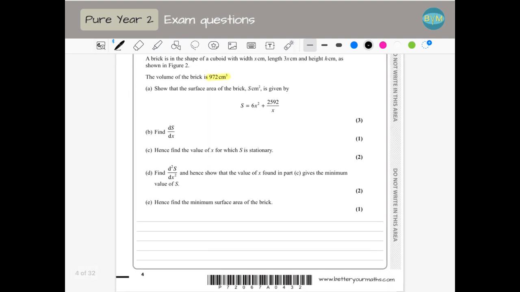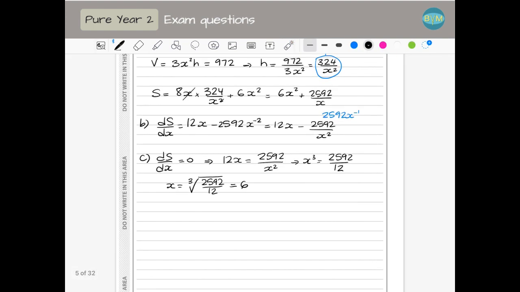Then for part D, we have to find the second derivative to show that the value of x that we found here gives the minimum value of s. Remember it's going to be a minimum when this second derivative is positive. So I'm going to find that second derivative, just differentiating my expression again. This first term is 12, and the second one I have this value multiplied by x to the power of minus 2.